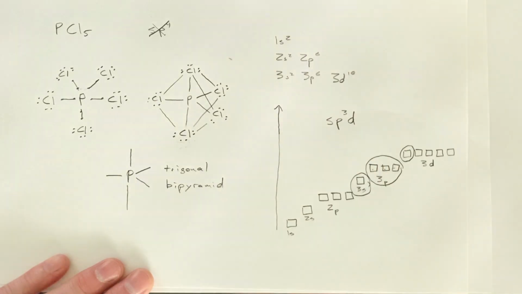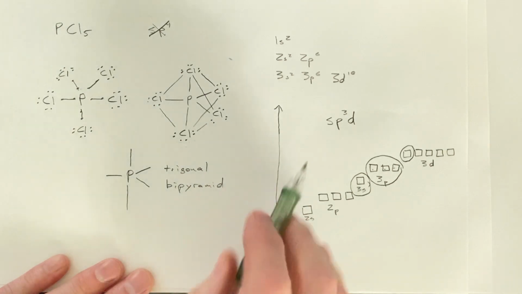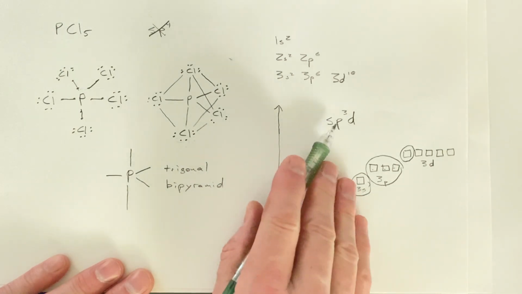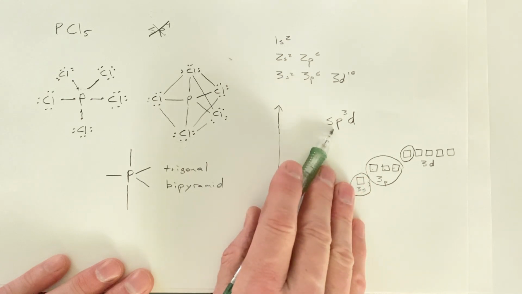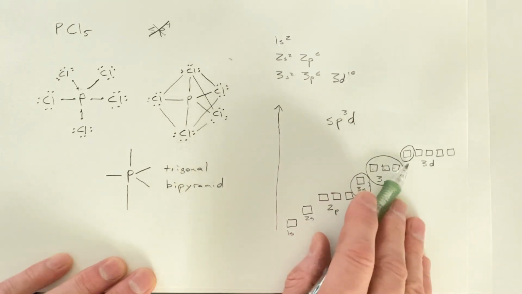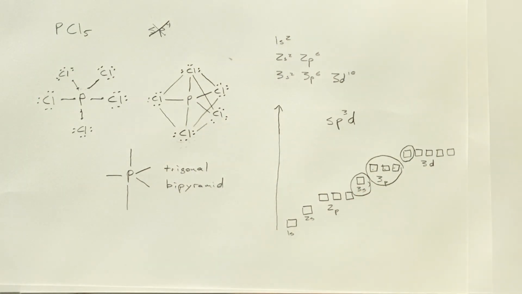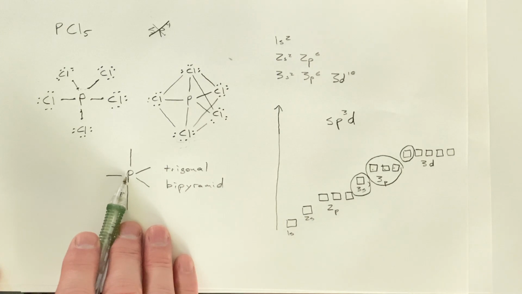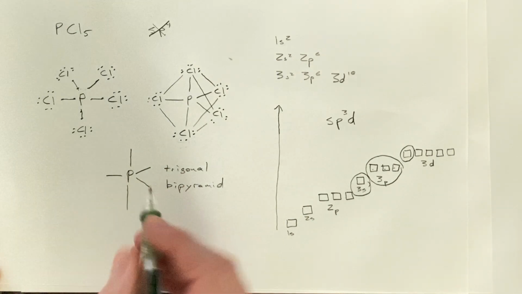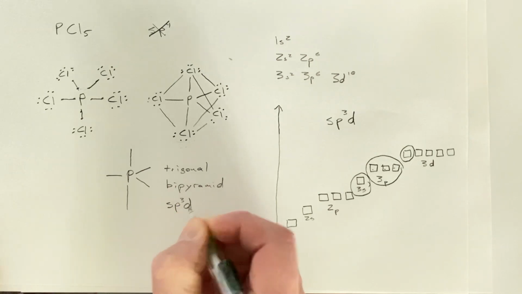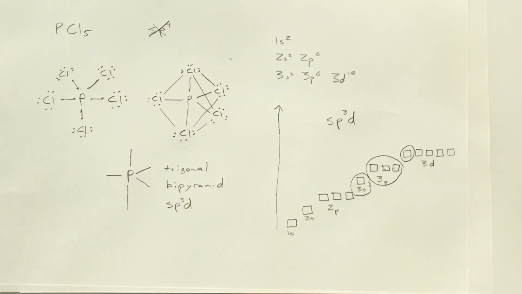sp3d. And it is important to remember that the s orbital that was hybridized is a 3s orbital. The 3p orbitals that were hybridized are 3p orbitals, and the d orbital that was hybridized is a 3d orbital. So we look at it and say, well, this electron geometry is a trigonal bipyramid, and this is an sp3d hybridized phosphorus atom.